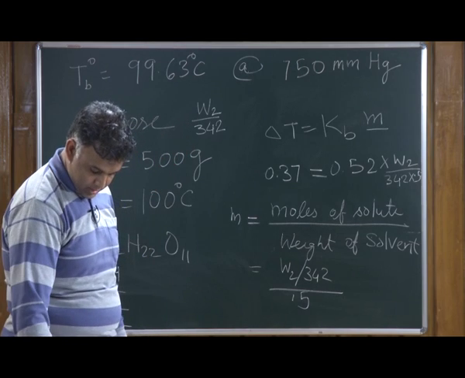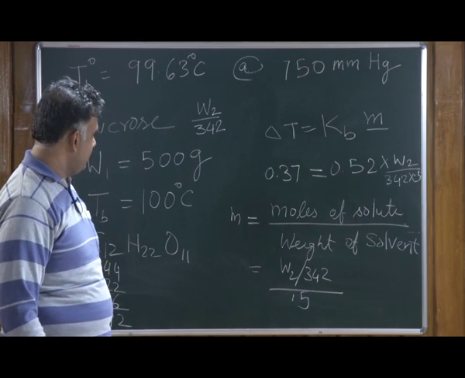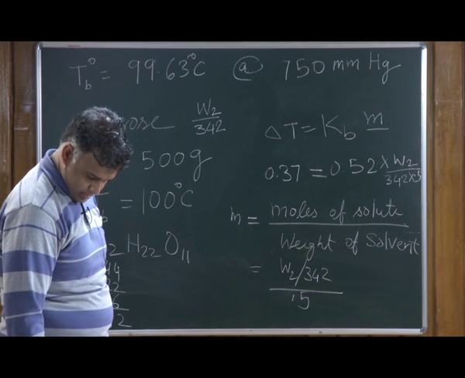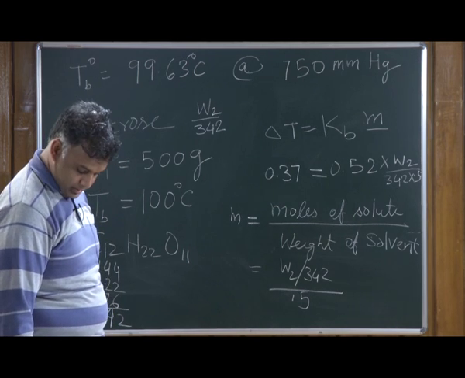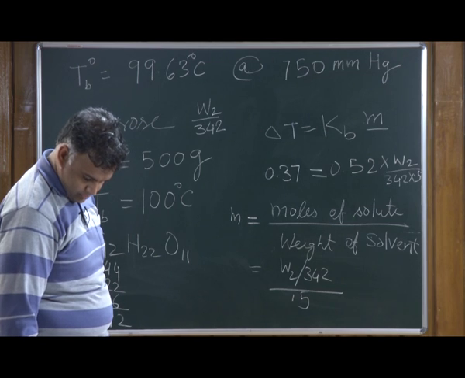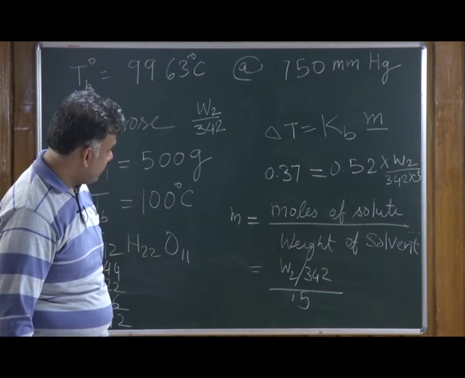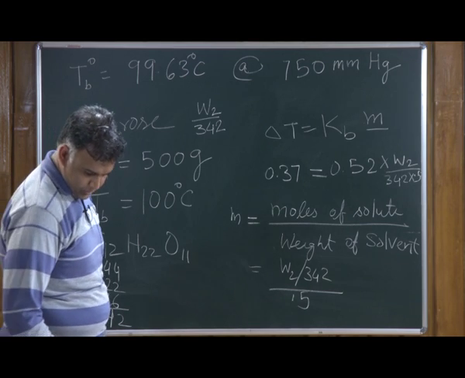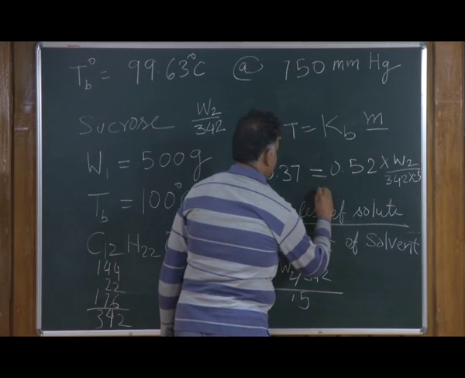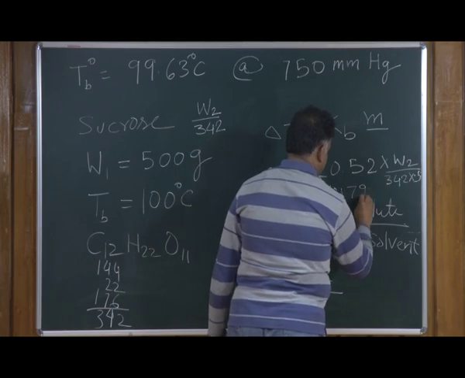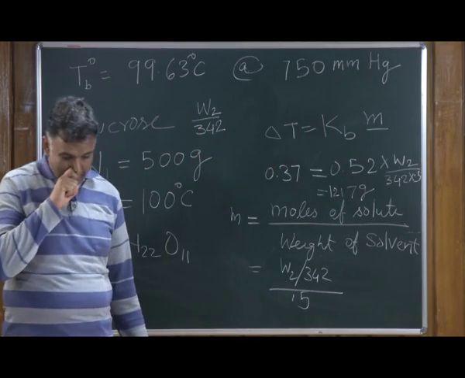Okay, let us use the calculator. 0.37 multiplied by 342 multiplied by 0.5 divided by 0.52. So, the answer comes out to be approximately 121.7 gram. Okay.